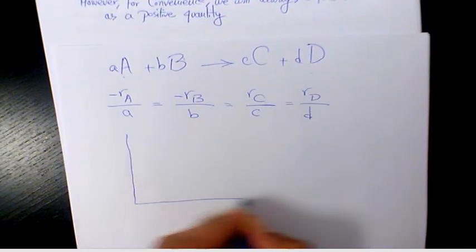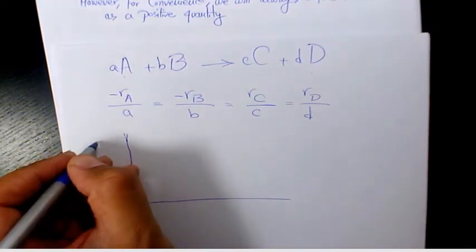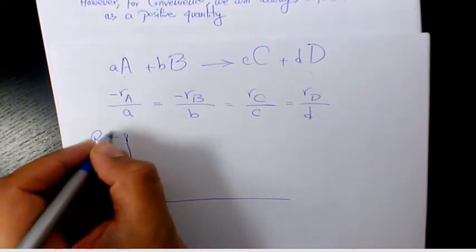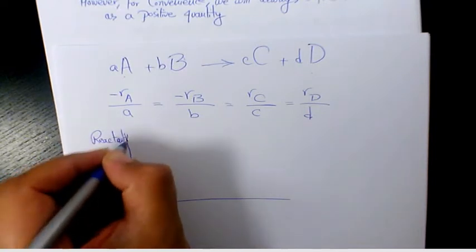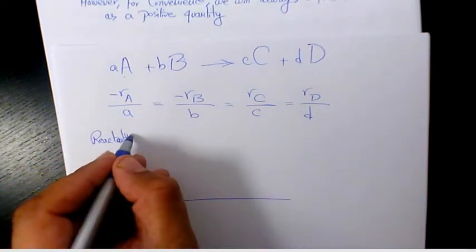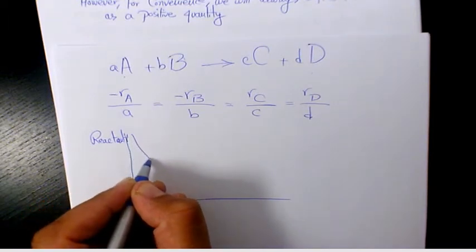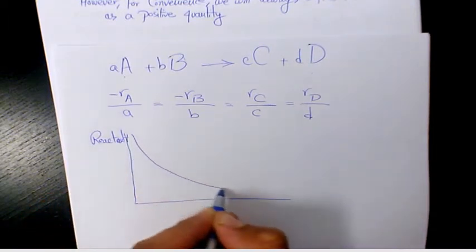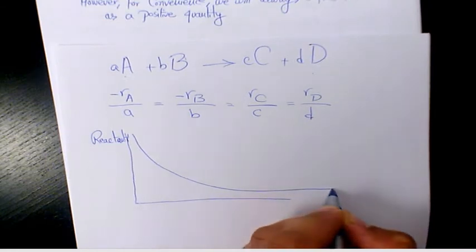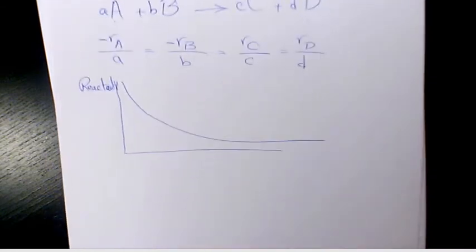So usually the rate of reaction for reactants is going to be high in the beginning when we have a higher concentration of reactant, and it goes down over time until we reach a plateau.